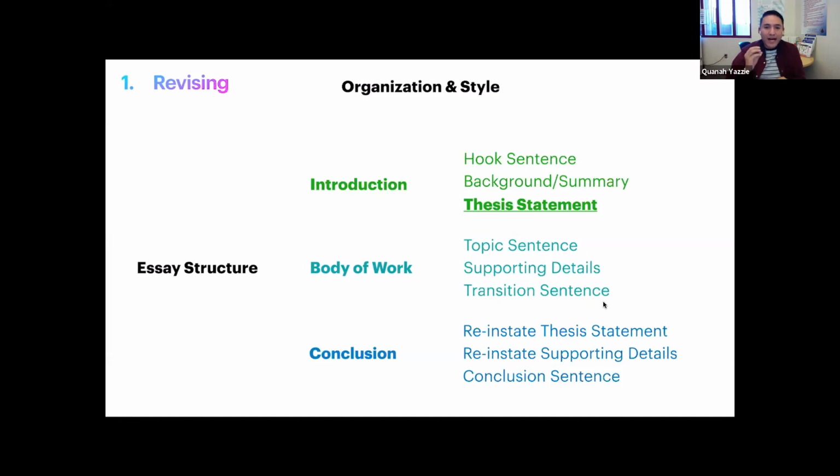And once we have that thesis statement, that's what we're going to be focusing on entirely throughout this whole essay. That's why this here is important when we're going to begin revising our papers. So make sure you have a thesis statement which is stated or implied, and then make sure everything you're talking about is completely focused on that thesis statement.